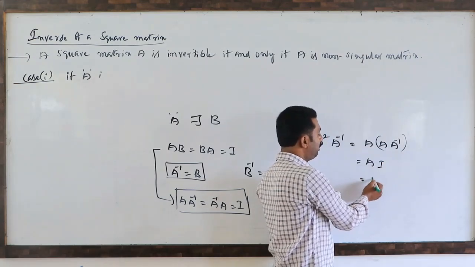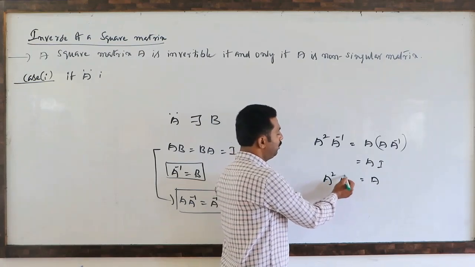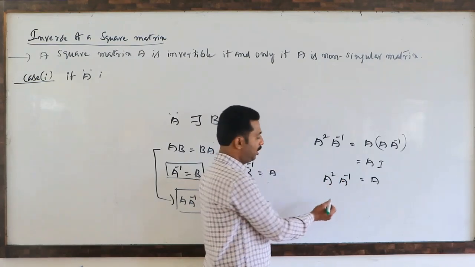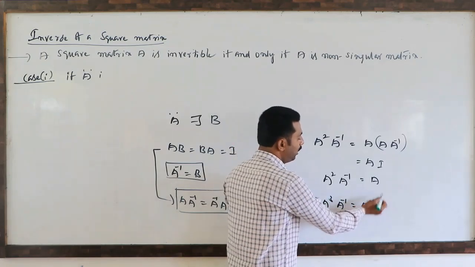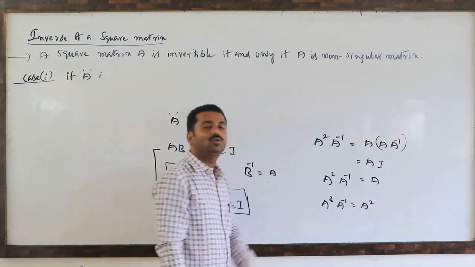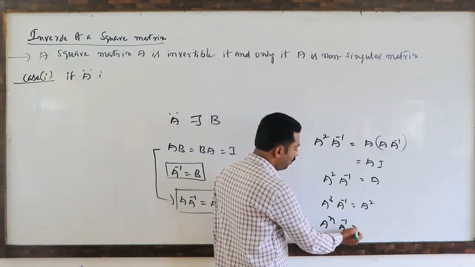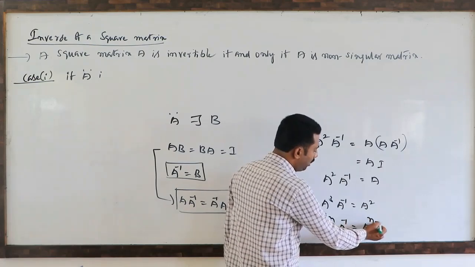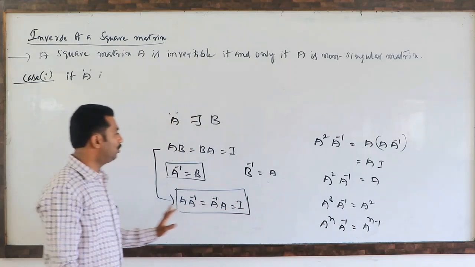A into identity matrix means A. So remember A square into A inverse is nothing but A. What about A cube into A inverse? Nothing but A square, because 3 minus 1 is 2. So A to the power n into A inverse is nothing but A to the power n minus 1. So these are the conditions you have to remember.